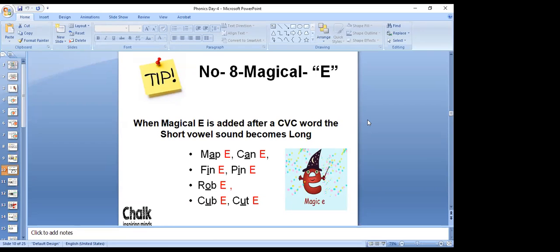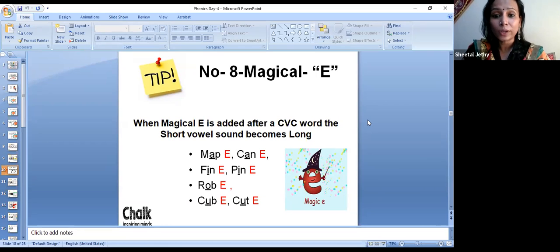Great. So if you look at all the words over here, fin, F-I-N, fin, I is short, and when magical E is added, it becomes fine. Pin, I is short, and when E is added, it becomes pine, right?